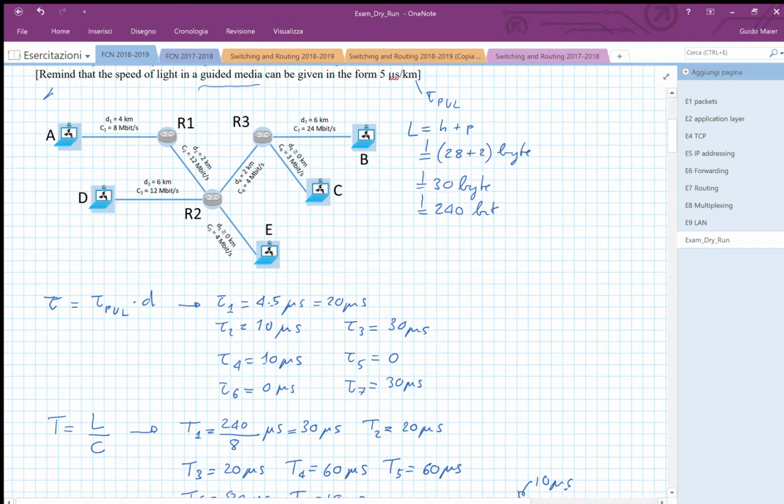Moreover, there are also two packets generated in D at a different time, going to C. So we have to do this representation in a careful way, because it may happen that we have queuing delays in the intermediate nodes.